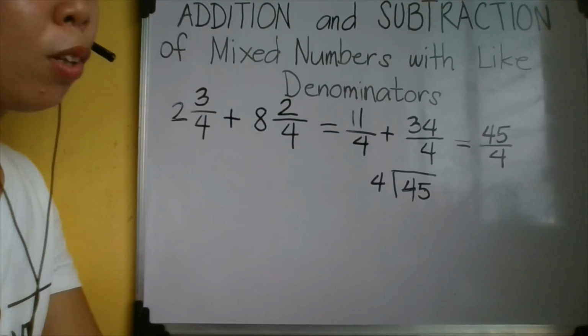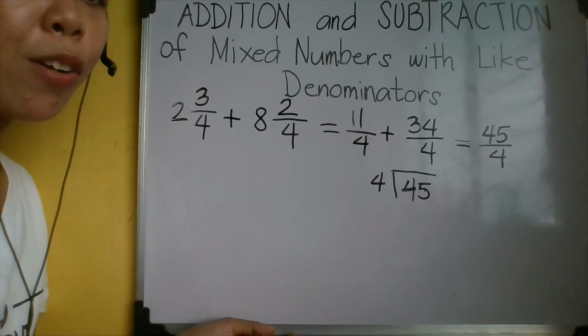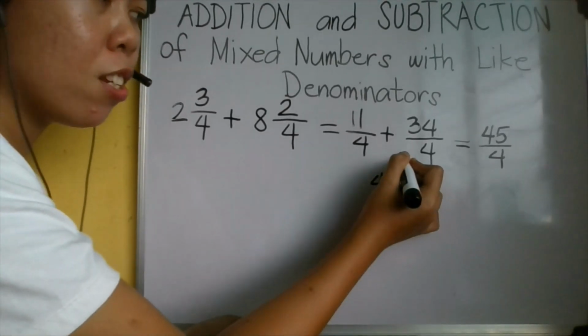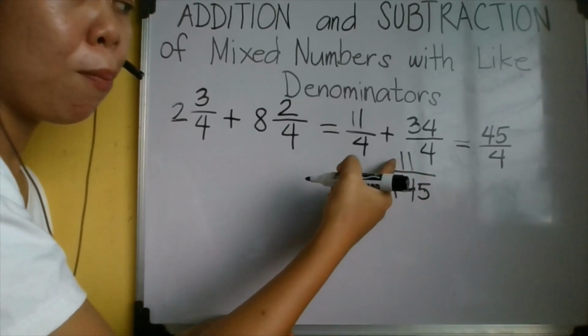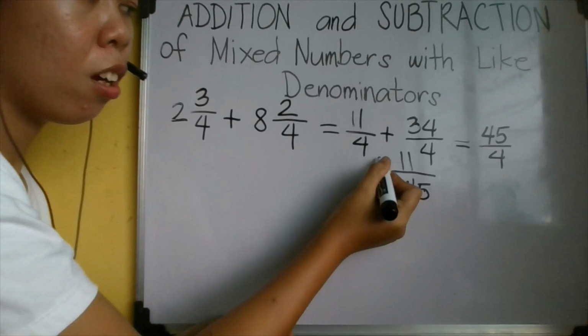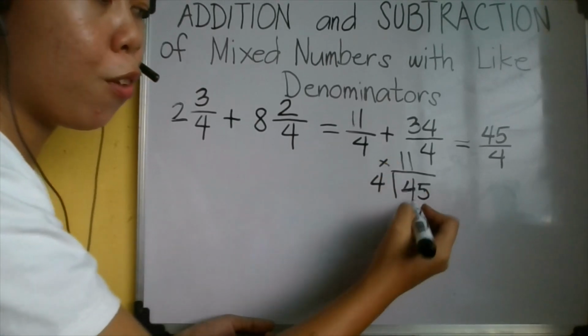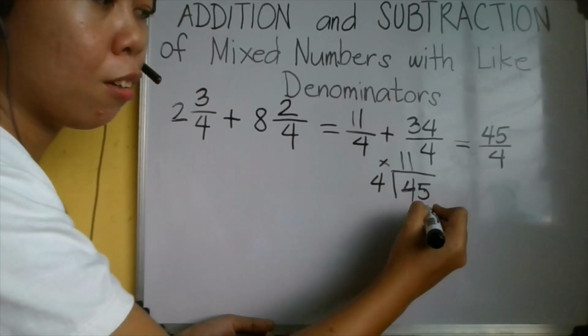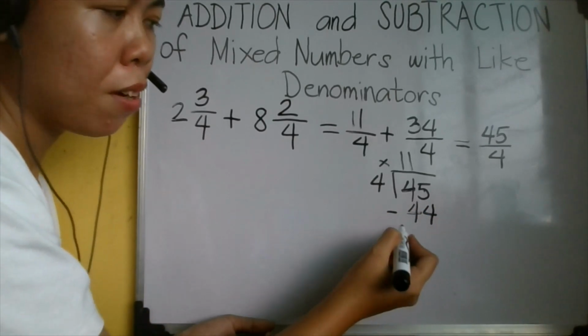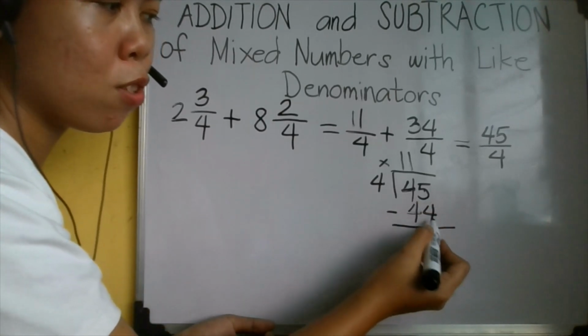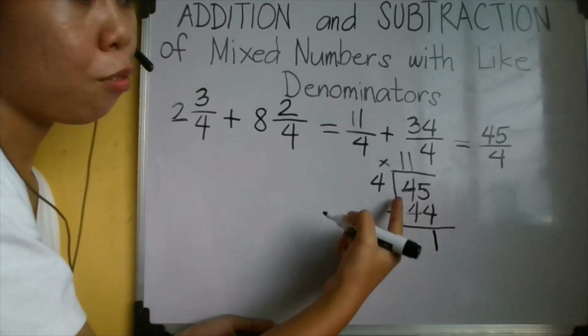Okay, so we have 11 fours in 45. Then multiply 11 by 4. 11 times 4, we have 44. Then subtract 45 minus 44. 5 minus 4, 1. 4 minus 4, 0.